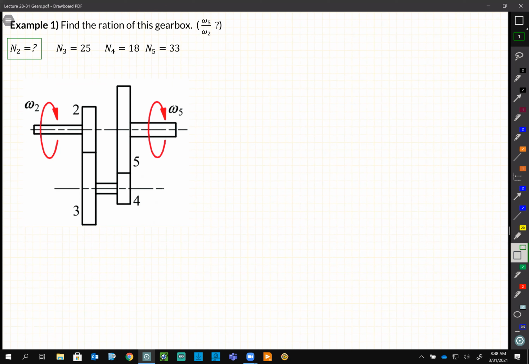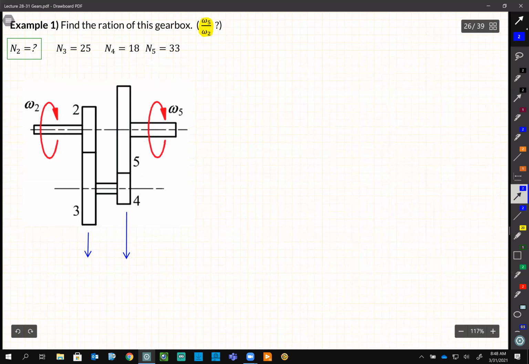Yeah. First, just write the relation. You want to find out omega 5 to omega 2. And then we will do something about that n2. So write the first one for this guy and then the relation for this and see what you will get.